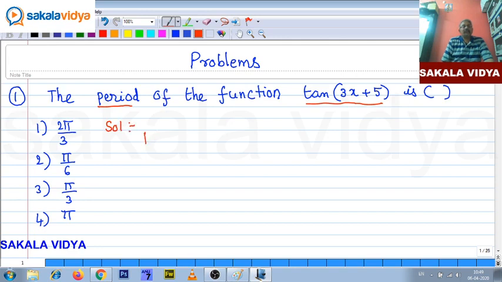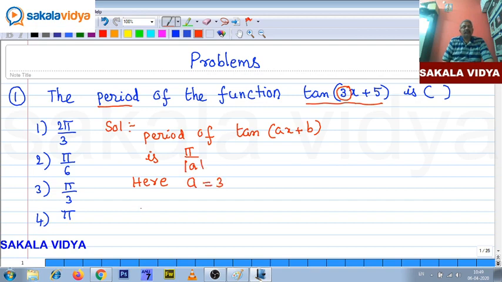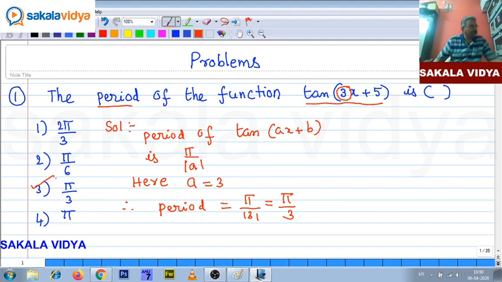Once again, the period of tan of ax plus b is pi by mod a. So, here the a value is 3, the x coefficient you need to take, therefore the period is pi by 3, the third option is the right option.